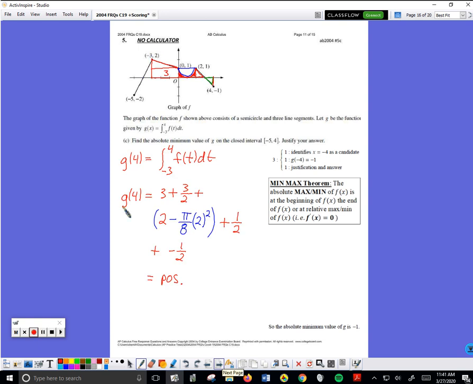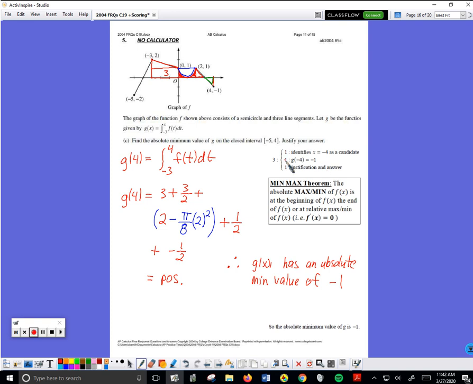And at x equal 4, the y-coordinate is some positive number. That work is now sufficient. So you can say, therefore, G of x has an absolute minimum value of negative 1.